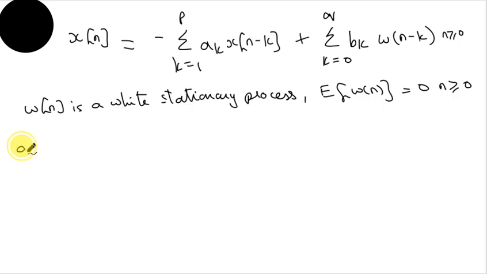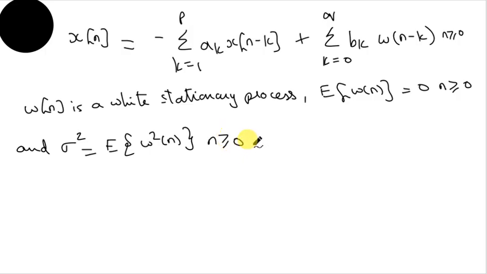And its variance is sigma squared, where sigma squared is E of x squared minus E of x, the whole squared. In this case the mean is 0, so the second term does not exist, and we have E of w squared of n, and this is true for all n greater than or equal to 0.